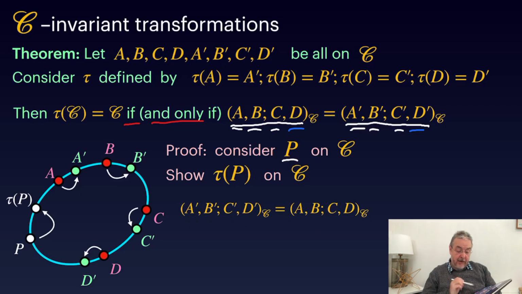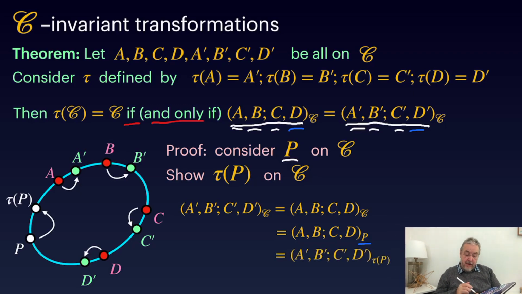So we can write down this equation. Now we know by definition that this cross ratio here is the same as the cross ratio seen from P. And if we now apply the projective transformation, we know by projectivity that this here is also the cross ratio of the transformed points.